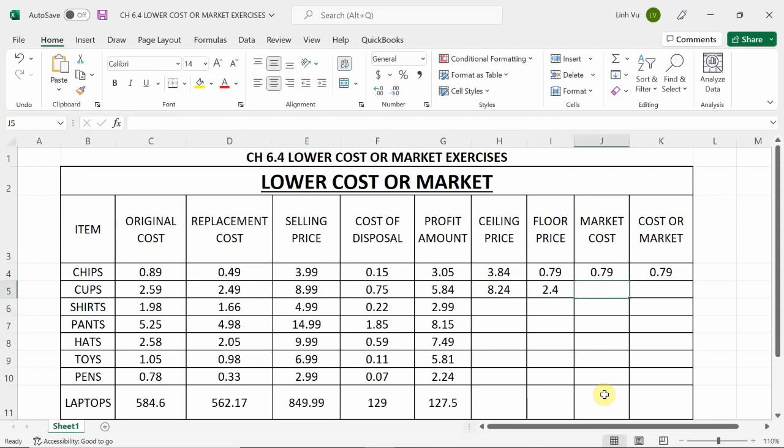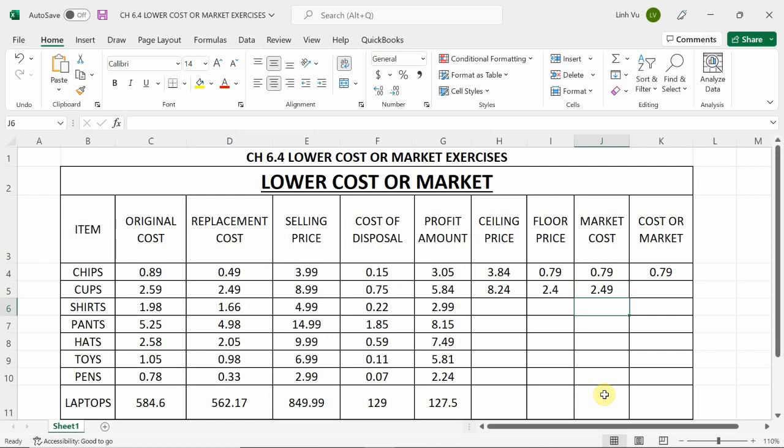So now I need to compare three numbers: ceiling, floor, and replacement. So $8.24, $2.40, and $2.49. The middle is $2.49, because my lowest value is $2.40.